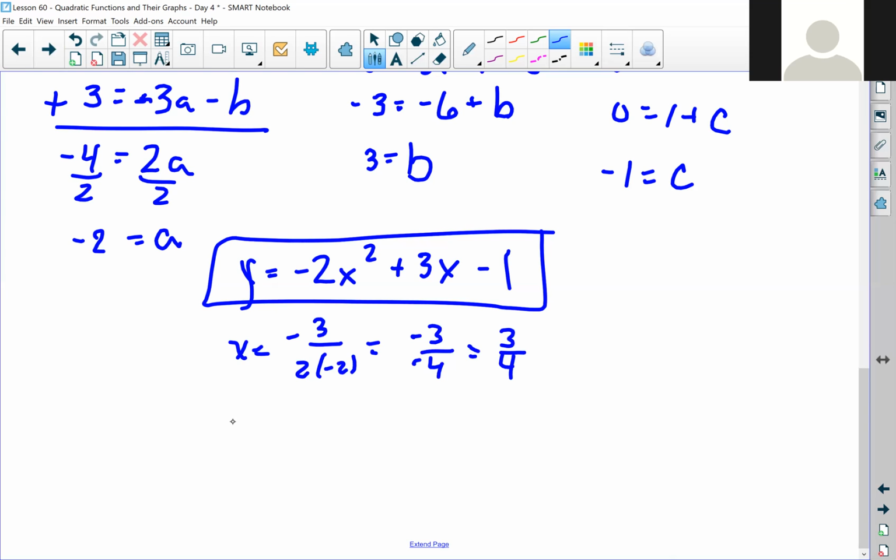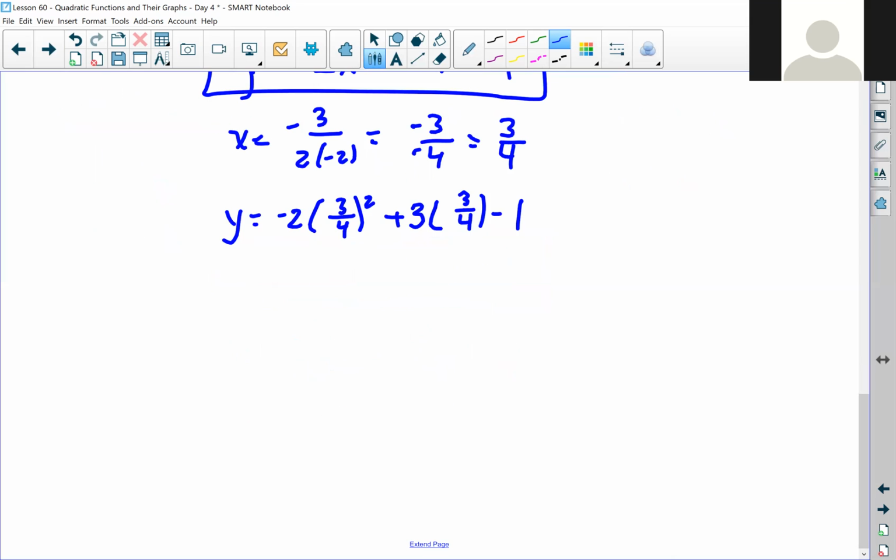And the y value, I take 3/4, plug it in for x, and simplify. And I would just use a calculator to simplify.